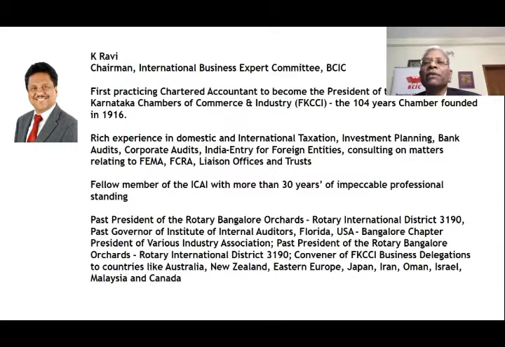A person with rich domain knowledge in various parts of audit and taxation, he's also the past president of the Rotary Bangalore Orchards and a fellow member of the Institute of Chartered Accountants of India. He stood by me and ensured that BCIC forays success through the BCIC Emerging Stars Award. Thank you, Ravi, for everything.